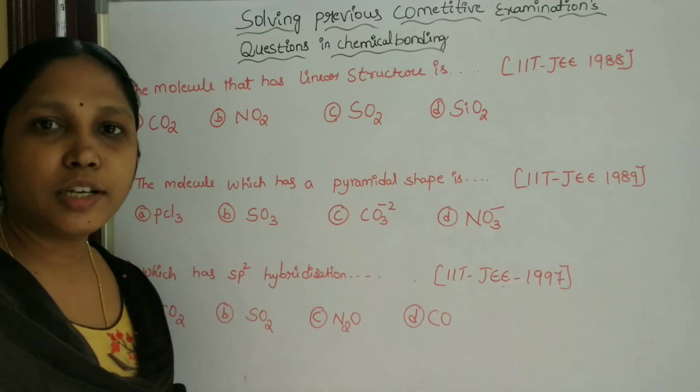Second, which group in the periodic table the central atom belongs to. Third, the valency of the surrounding atom. If you know these three points, you will readily say the shape, geometry, angles, and hybridization of the molecule.